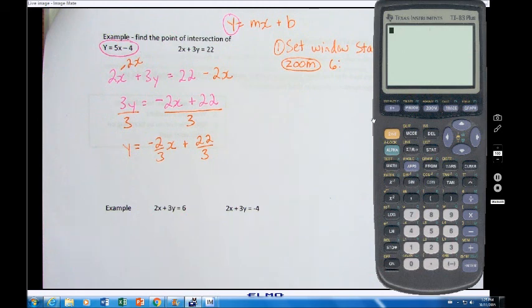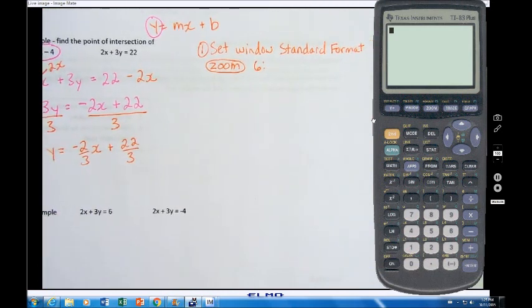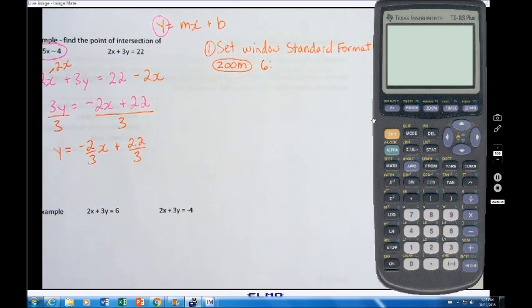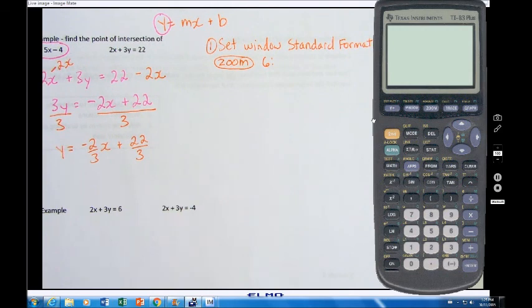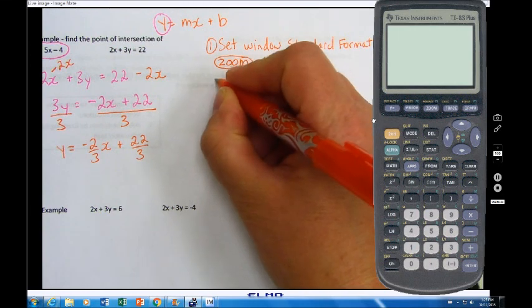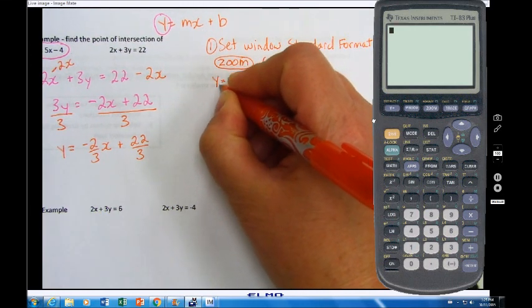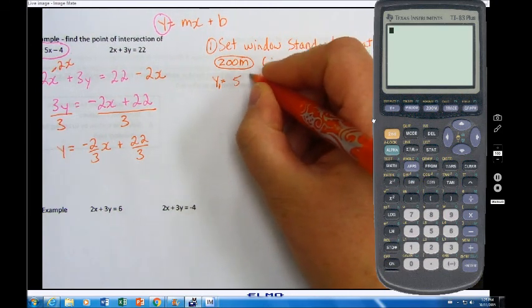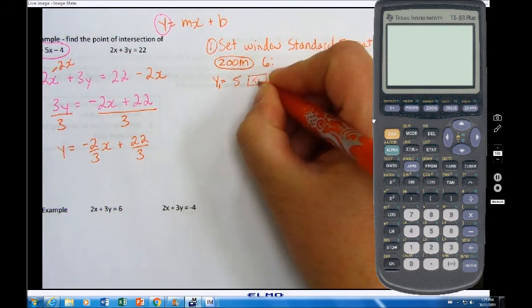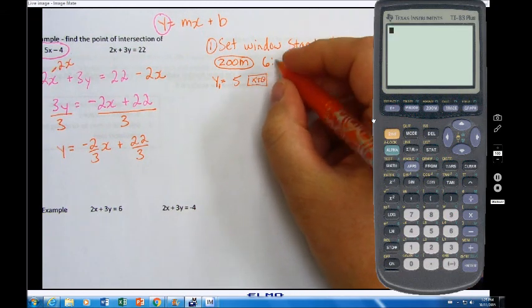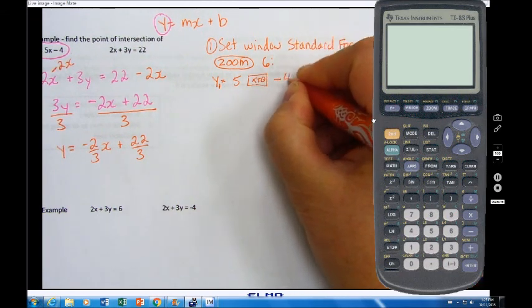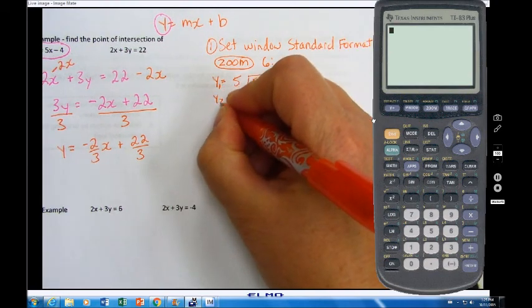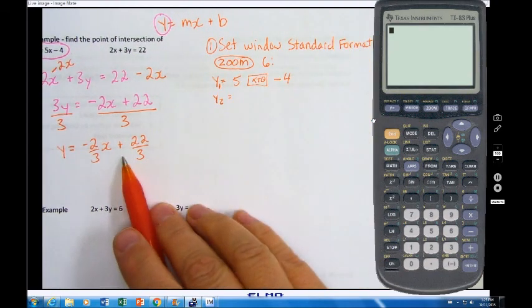Okay, so we've set our window. And now I need to put my equations in. So in my y equals, my y1 equals, I can put in 5, remember that button, X,T,theta, minus 4. And then my y2 will be this equation.